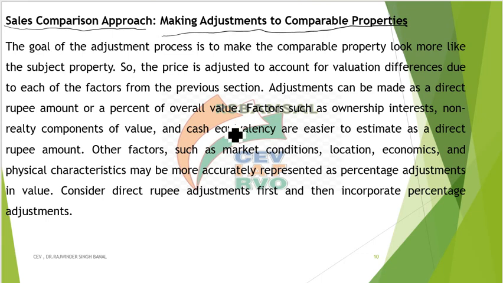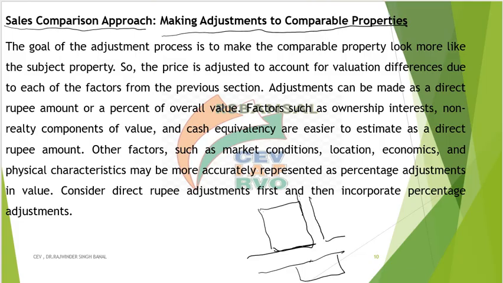Let us suppose we have to do the valuation of a property which is a corner plot and is opposite to a park, and we have the data of a plot which was sold for 10,000 per square yard.